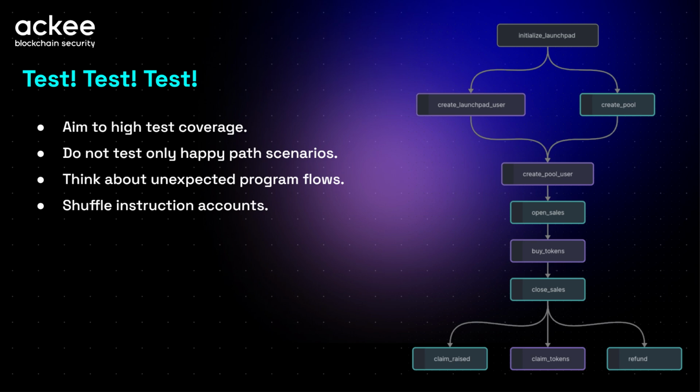So if you can see in this diagram that, for example, open sales can be done only by the administrator of the ICO, then you should also test that it is really the case that only a specified admin can do it and not an unauthorized user.